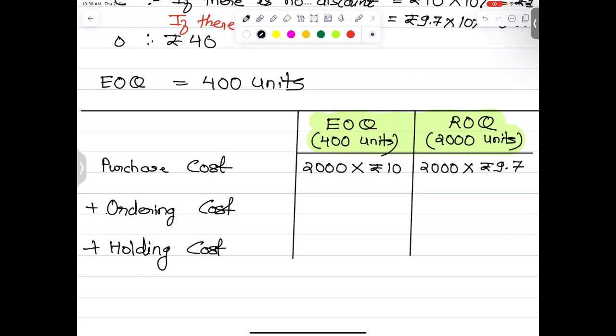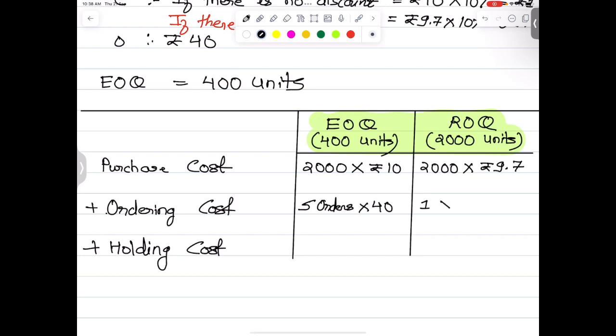Okay. How many orders do I have to place? 5 orders. The annual requirement is 2000 units. In a single order, I will purchase 400 units. So 2000 divided by 400 will be equal to 5 orders. Ordering cost is rupee 40.